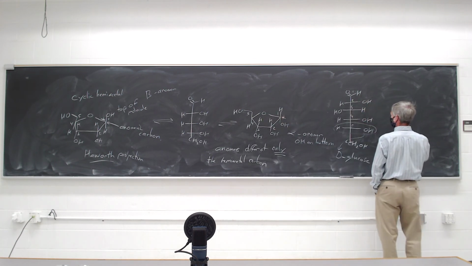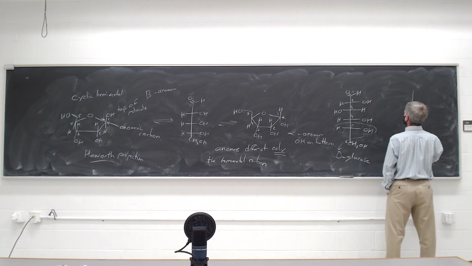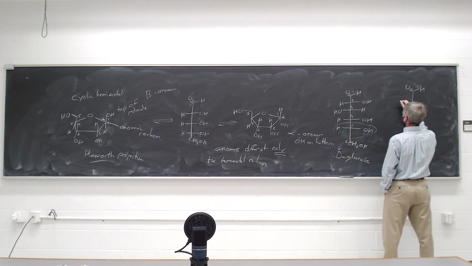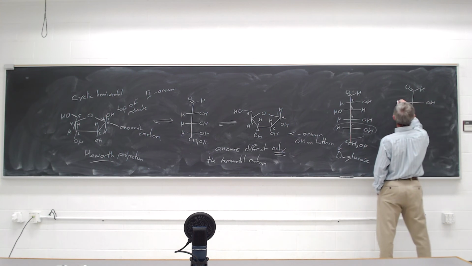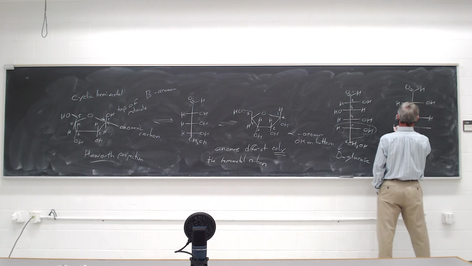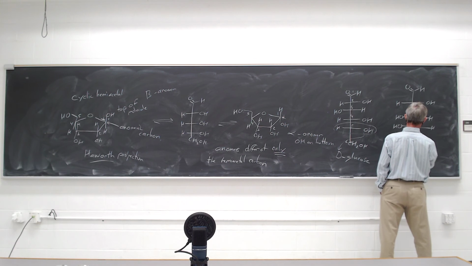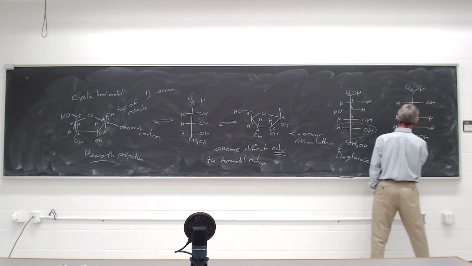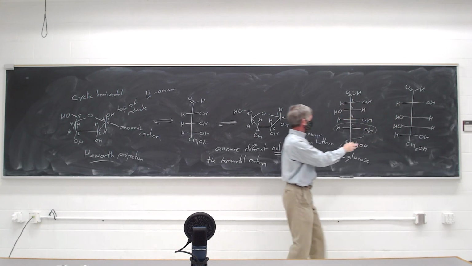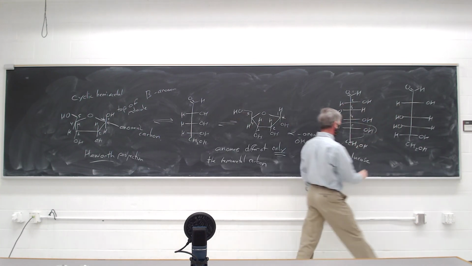And you probably want to know the isomer that differs at chiral center number 4. That one is D-galactose.